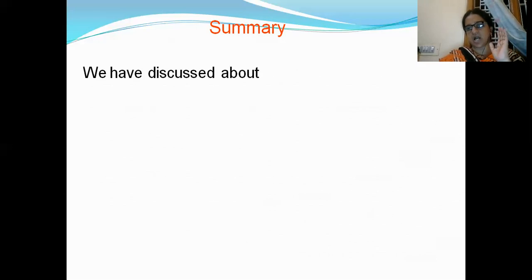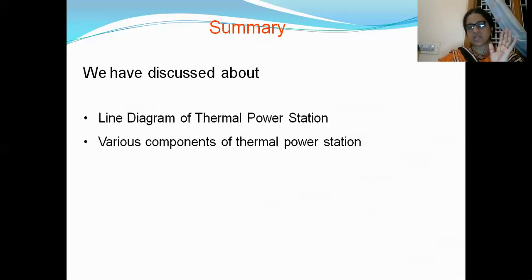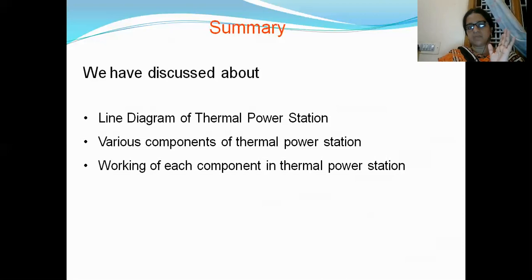Almost all the components of the thermal power plant which are involved in the line diagram of a thermal power station are covered successfully in this lecture. What we have discussed are the line diagram, the various components, and the working of each component in a thermal power station, in detail. Coming to non-renewable power plants, this is the first one I have covered today.